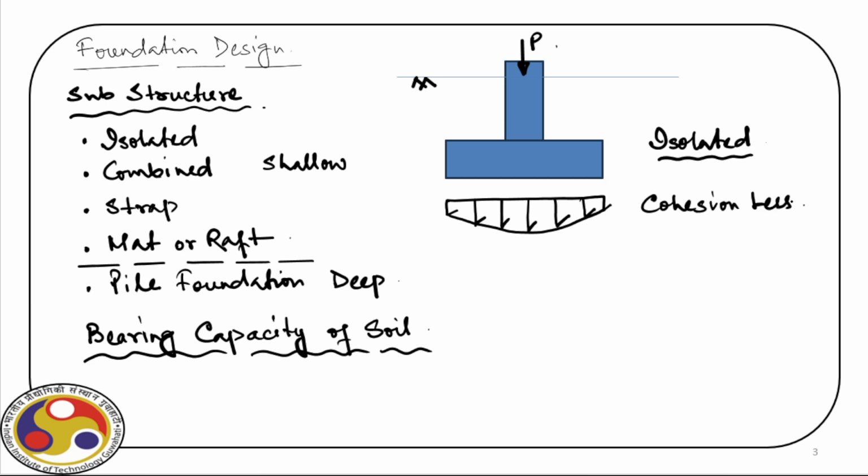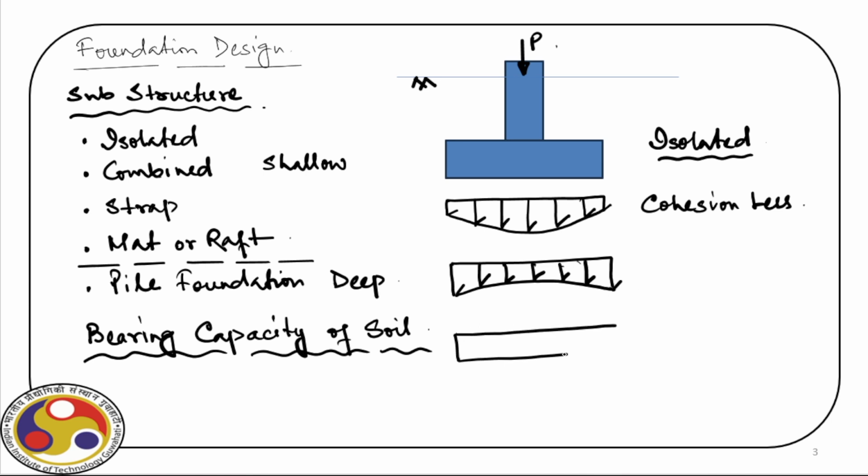So the natural question comes in our mind, in case of cohesive soil, what should be the distribution? It is just the opposite. So for cohesive soil, we have maximum at the ends and minimum at the center. But when we design the foundation, we'll always go for a uniform distribution of pressure below the foundation.